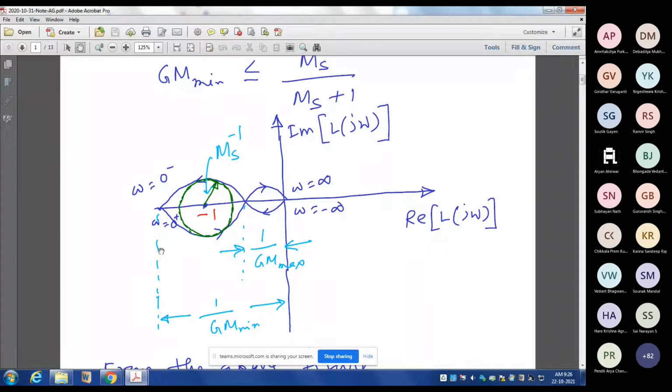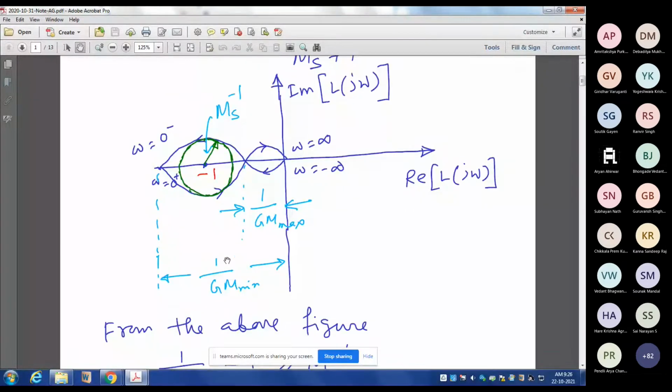So this distance is 1 by GM min and this distance is 1 by GM max. And what is your circle? The Ms circle, the sensitivity circle, will be this one.